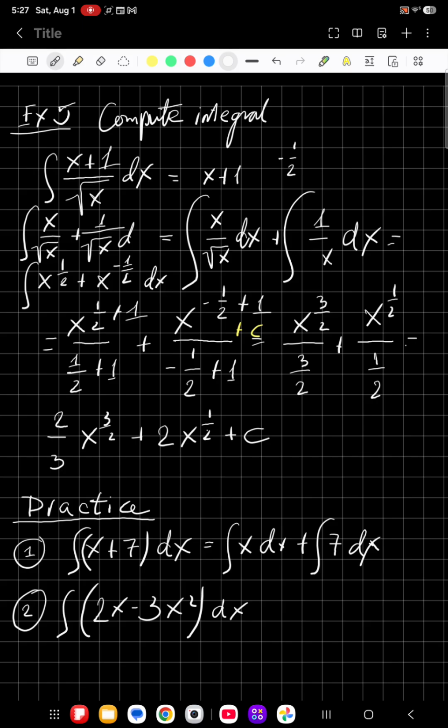I haven't officially told you that, but that's what the rules of integration are. When we have multiplication instead of addition, that doesn't work this way. But for now, all problems will have addition or subtraction, so you can split those integrals. There'll be two integrals.